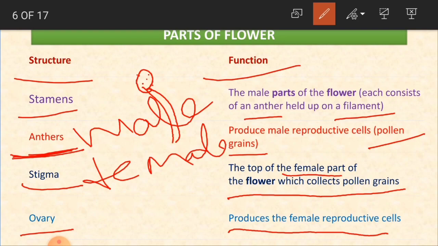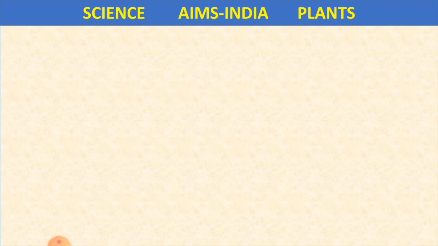What does the ovary do? It produces the female reproductive cells, as we just learned. So fruit and seed formation takes place in the ovary. Clear, children? Okay, so we'll answer some questions here as our revision.